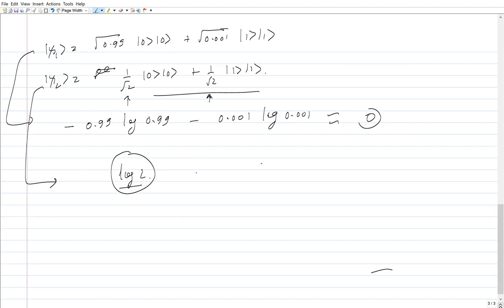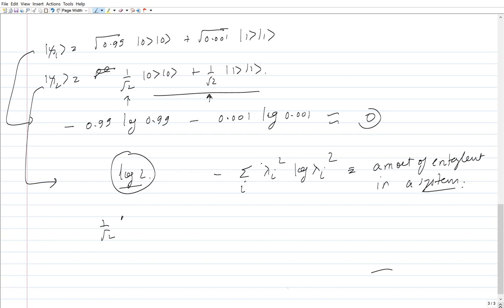So indeed, the Shannon entropy associated with the Schmidt coefficients captures the degree of entanglement in a system.